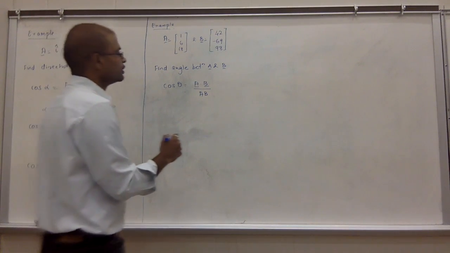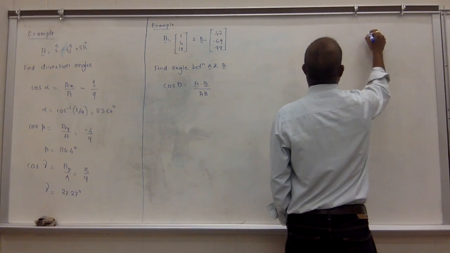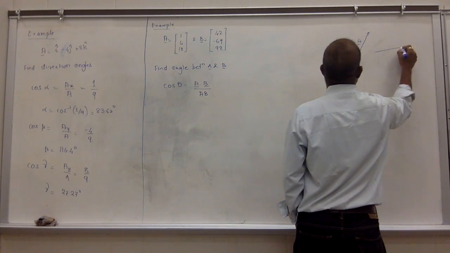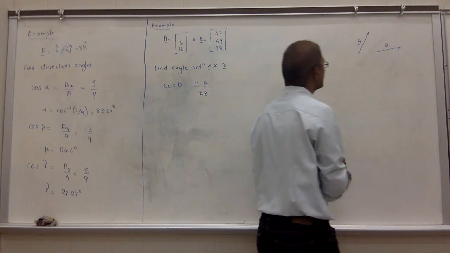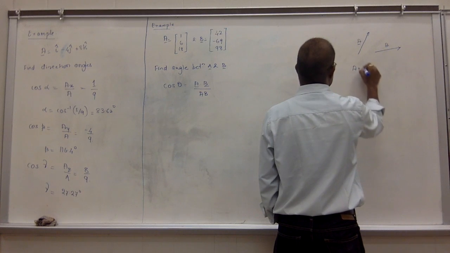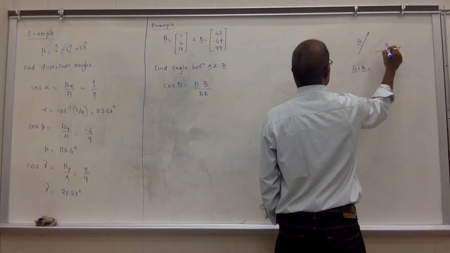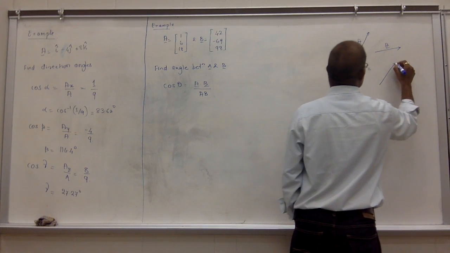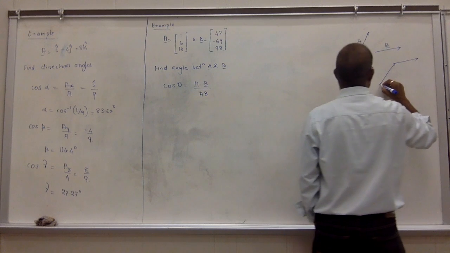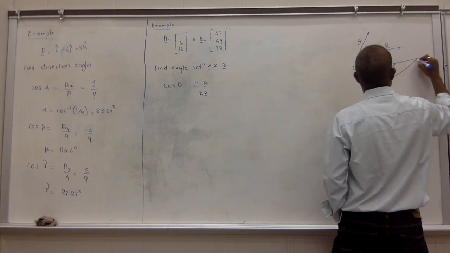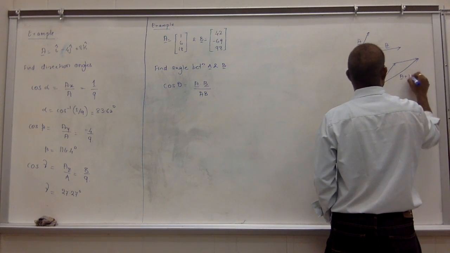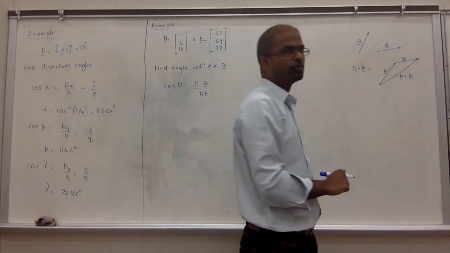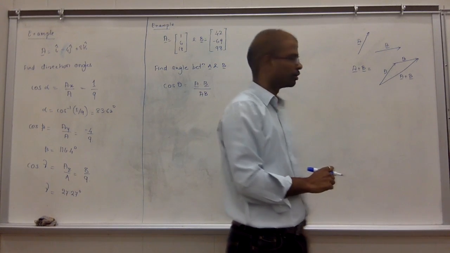If you have this vector A and this vector B, what is A plus B? This is your resultant vector A plus B. This is the law of parallelogram.